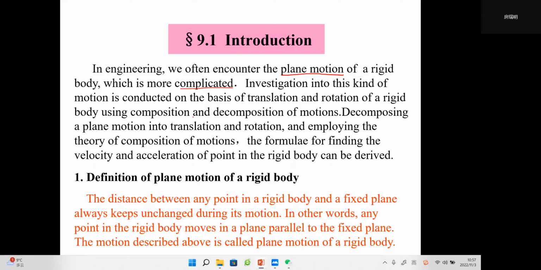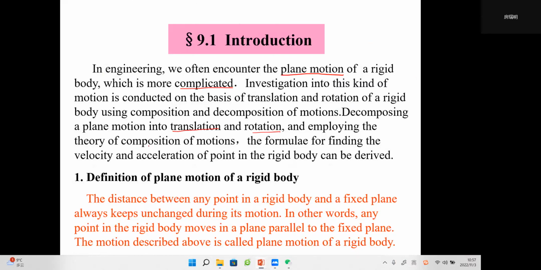Using composition and decomposition of motions, 运动的合成与分解. Decomposing a plane motion into translation and rotation, right? And employing the theory of composition of motions.